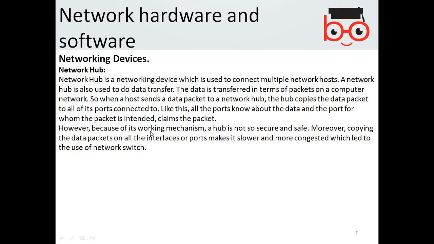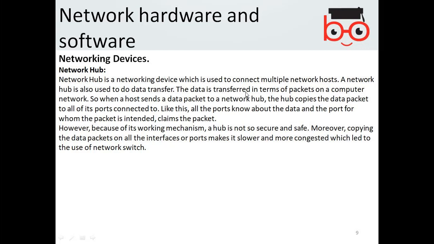However, because of its working mechanism, a hub is not so secure and safe. Moreover, copying the data packets on all interfaces or ports makes it slower and more congested, which led to the use of the network switch. So, make sure you know that the hub was the initial device, and it used to send data to and from the devices which are called hosts.